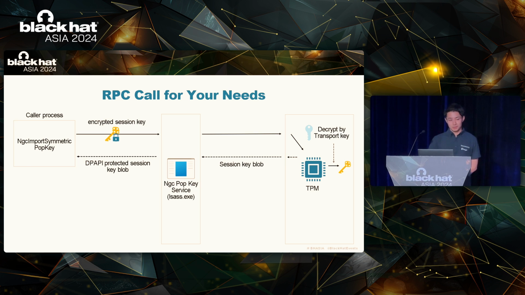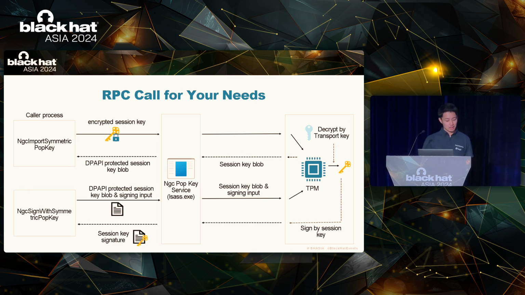I'm not going to cover all the technical details here, but the undocumented API works as an RPC client, and NgcImportSymmetricPopKey can talk to lsass.exe, which works as an RPC server and imports the encrypted session key into TPM and decrypts it by the registered transport key in TPM.